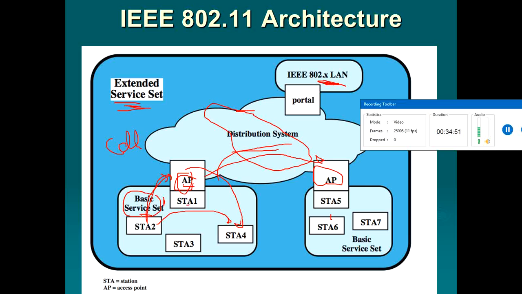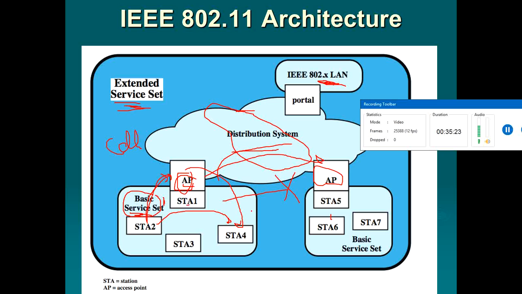Now, when all the stations in the basic service set are mobile stations and they do not have any connection to another basic service set, that is called an independent basic service set. So when all these stations can move around and the basic service set does not have any connection to some other basic service set, this is called an independent basic service set.